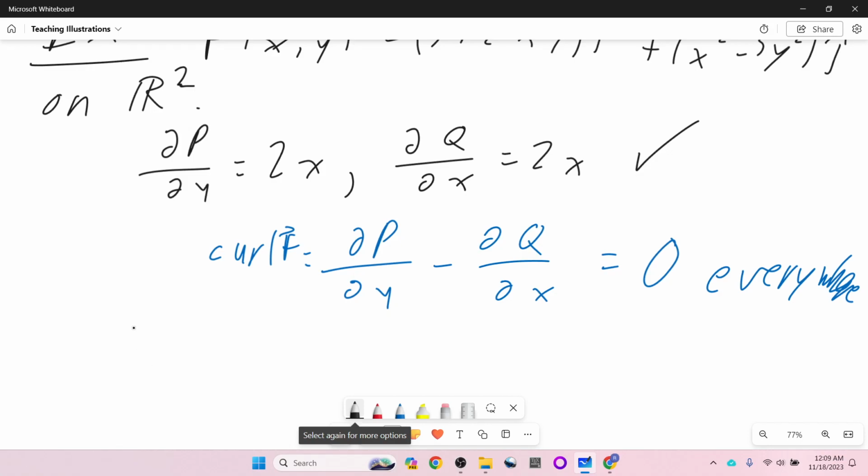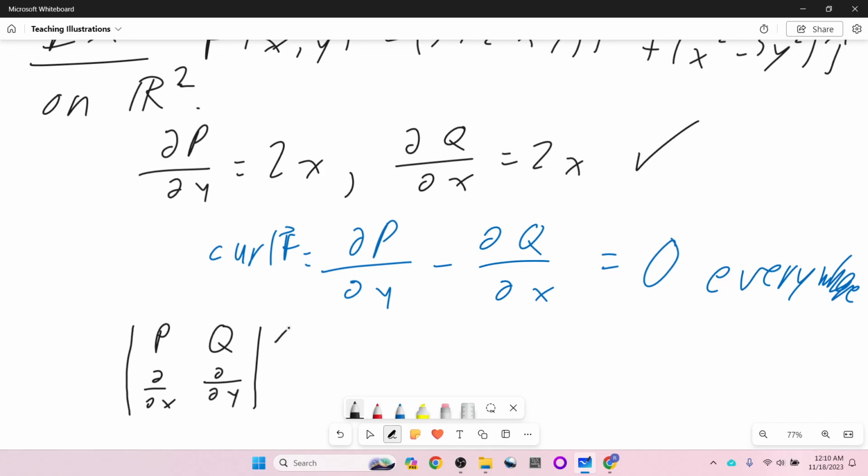Another way to remember this is to make a little matrix here. You can say P, Q, del over del X, del over del Y. So if you did this matrix, you get del Q del X minus del P del Y, or del P del Y minus del Q del X, sorry.